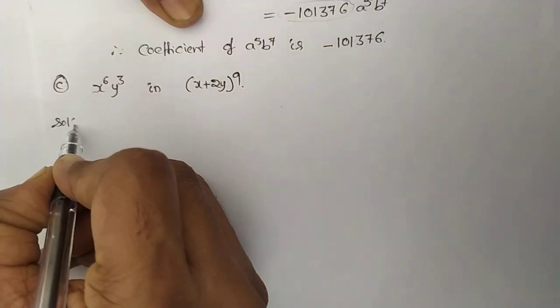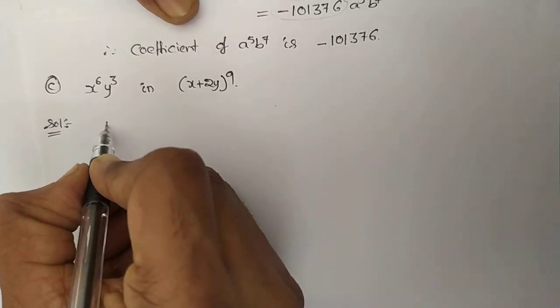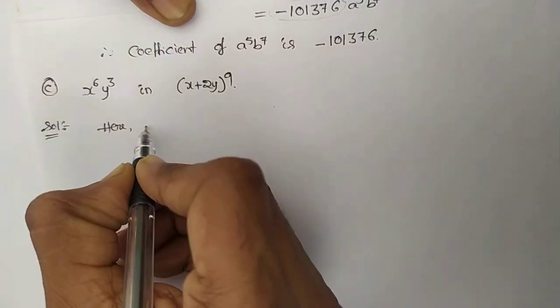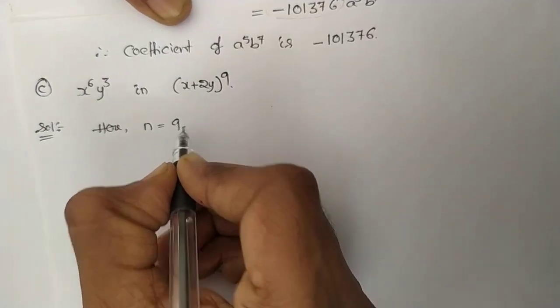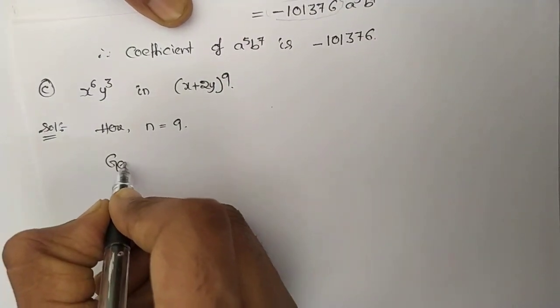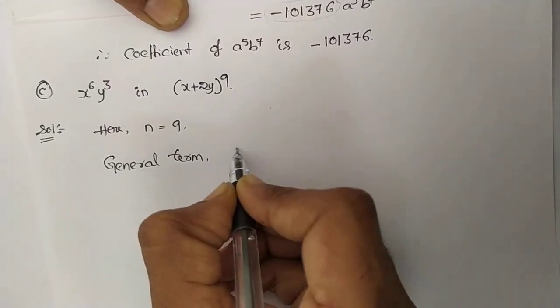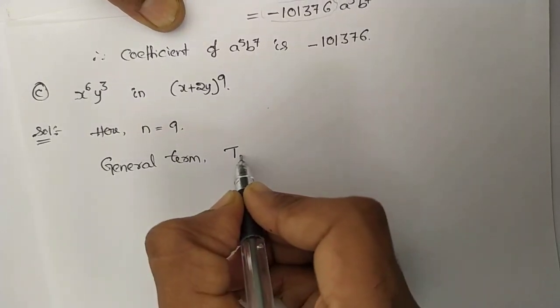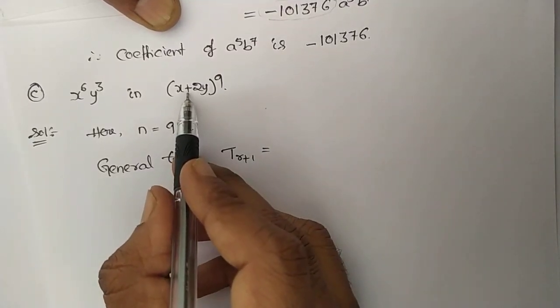First of all, we need to find its general term. How to find the general term? Here the n value, I mean the power, is what? n equals 9. Then the general term is what? T(r plus 1) equals... in the expansion we have the sign plus.